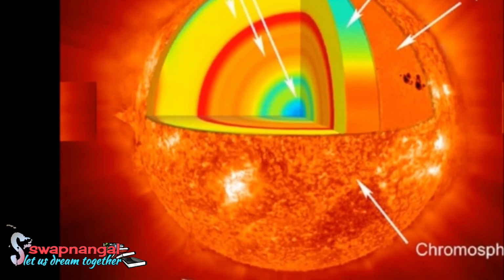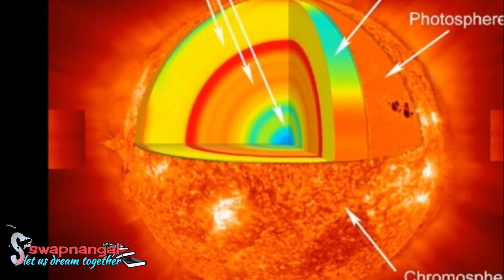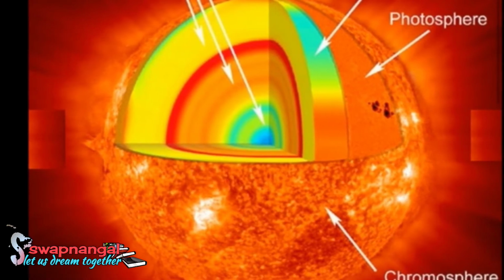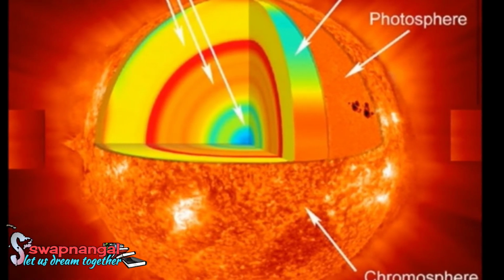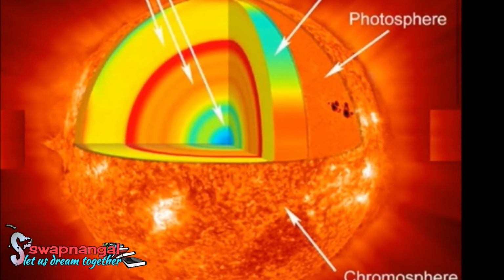The sun's outer layers are the photosphere, the chromosphere, the transition region, and the corona. The photosphere is the innermost outer layer where light is radiated, with temperatures about 6000 Kelvin.